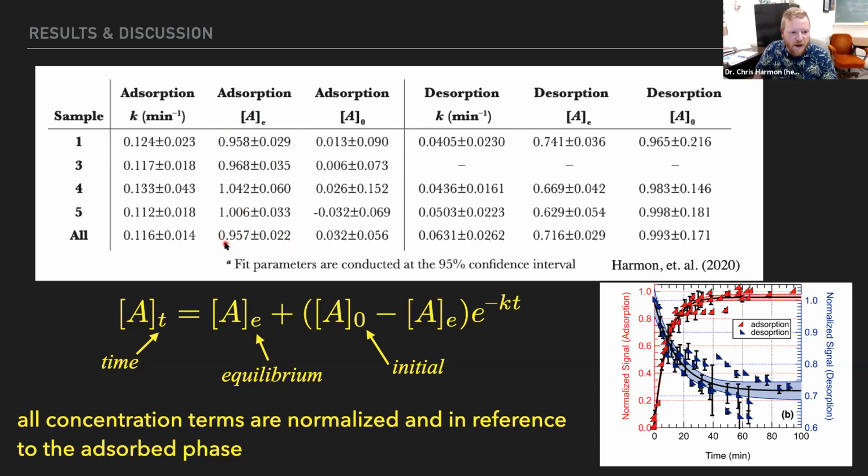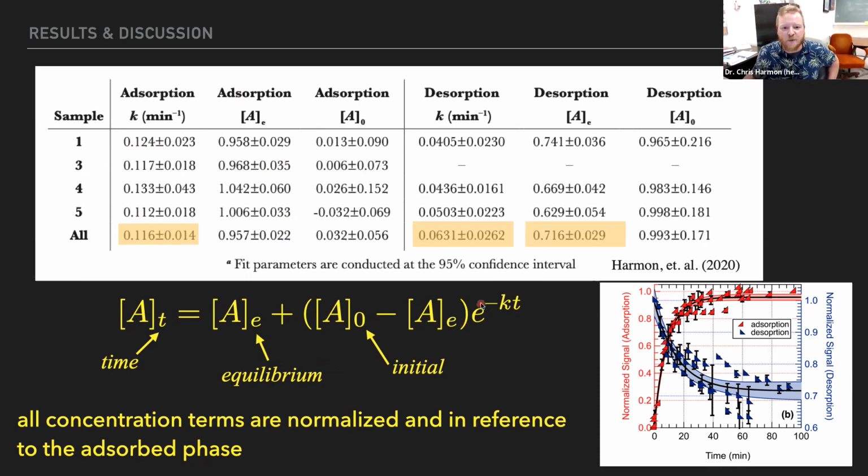And what's really cool about this, so we can extract rate constants. Okay, and so this is done individually for each sample and for all data. And even though there is some noise, the error of this rate constant fit is actually quite good. So I was really pleased by this.